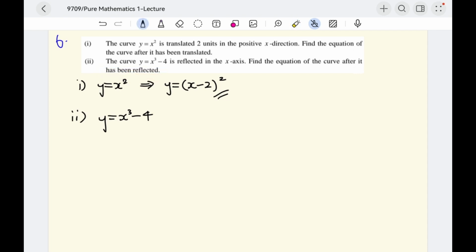In the graph, reflected in the x-axis means that your function f(x) is going to be multiplied by a negative sign, or you can say that each term changes its sign. So here is your new transformed graph. Your answer should be negative x cubed minus 4. There you go.